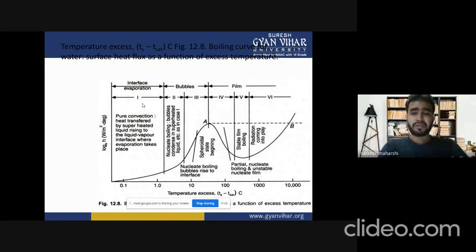And the next is stable film boiling, with radiation coming into play, which covers the film region. The temperature excess values are 0.1 degrees centigrade, 1.0, 10, 100, 1000, and 10,000 degrees centigrade.